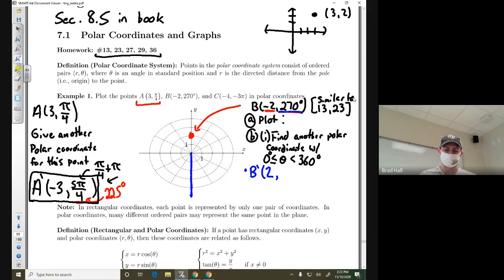So you have to subtract 180, which would give you 90 degrees. So if you think about that on the graph, 90 degrees goes straight up. And then because the radius is positive, you just go up 2. You don't have to do any of this reverse stuff. So it lands in the same exact spot.